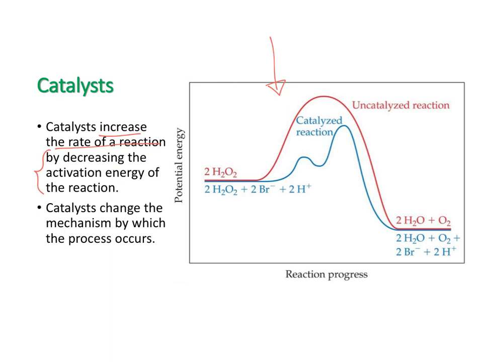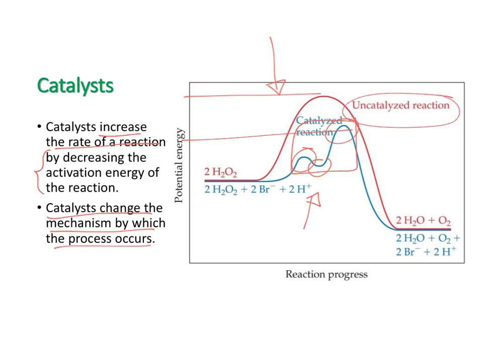So it makes the activation energy smaller, by breaking it down into steps, and in this case it does. So you can see here how catalysts can change the mechanism by which the process occurs. In this case, you have 2 steps and you have an intermediate somewhere in between. But overall, it made the activation energy lower in comparison to that uncatalyzed reaction.